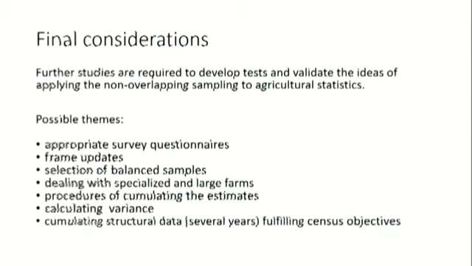Other themes are procedures to accumulate the estimate, calculation of the variance, and the idea that comes from Leslie Kish, the possibility to accumulate data of many years, 5 years at least, taking into consideration structural variables, as a possible alternative for census objectives.